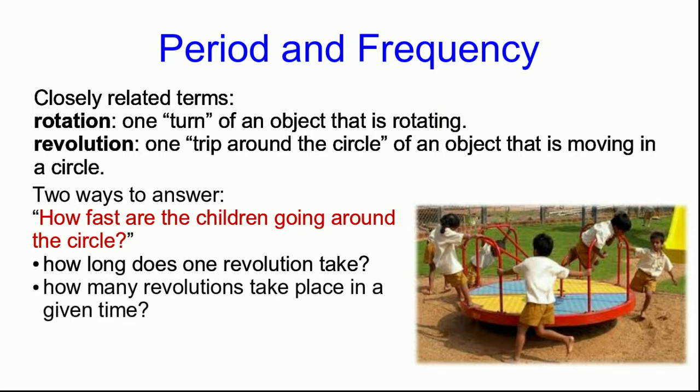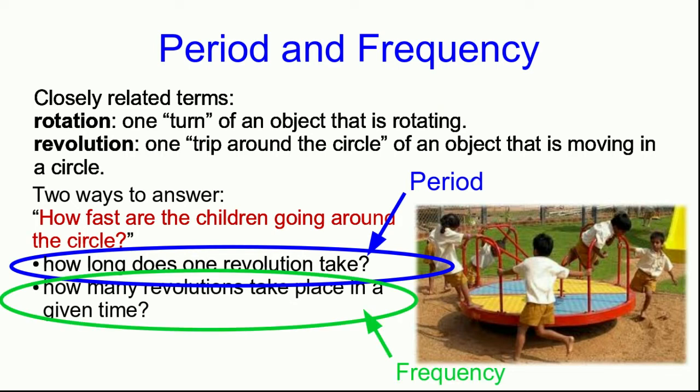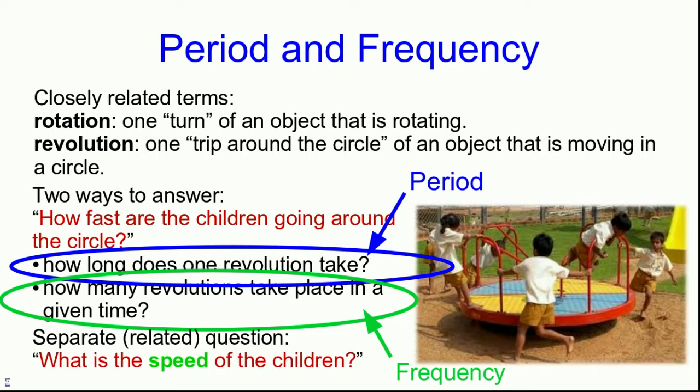Or we could say how many revolutions take place in a given time. The first way is called the period, the time for one revolution. And the second way is called the frequency, the number of revolutions per unit time. And these are related to something separate, which is what is the actual speed of the children, speed in the sense that we've known ever since early in the course.